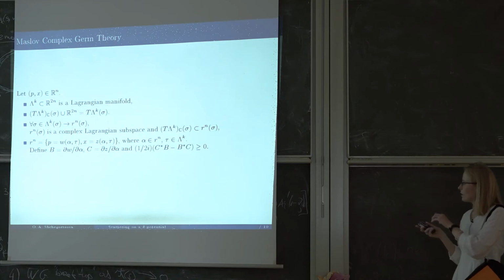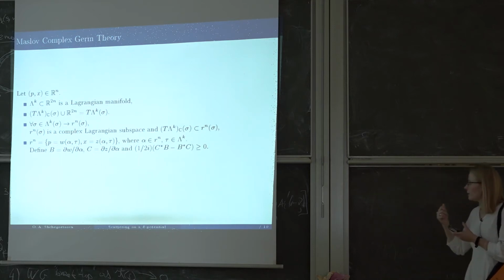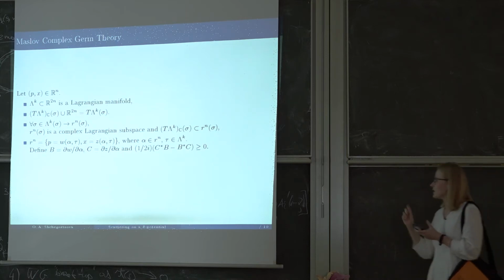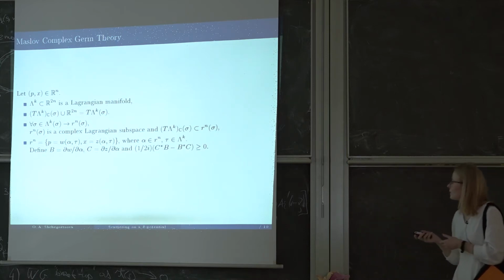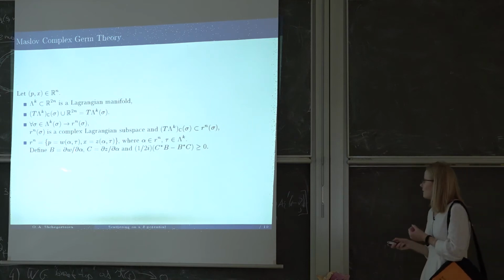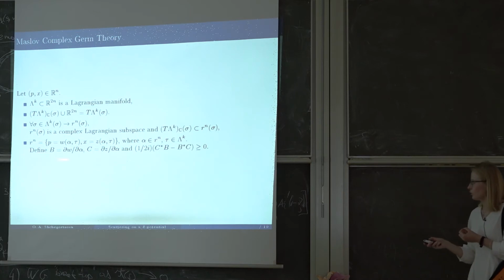Then for each point we can assign a subspace that contains the complexified tangent space and satisfies the following conditions. This subspace is also Lagrangian, and the following conditions are also true.